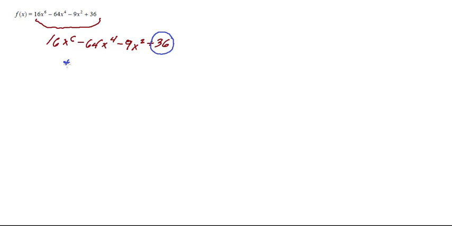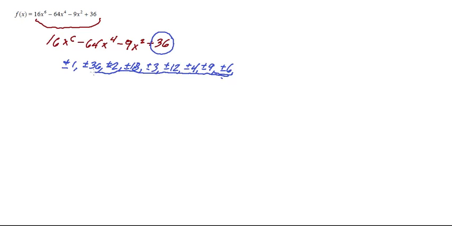So I've got plus or minus 1, plus or minus 36, plus or minus 2, plus or minus 18, plus or minus 3, plus or minus 12, plus or minus 4, plus or minus 9, plus or minus 6, and that should do the trick, because there's no point in writing plus or minus 6 again.